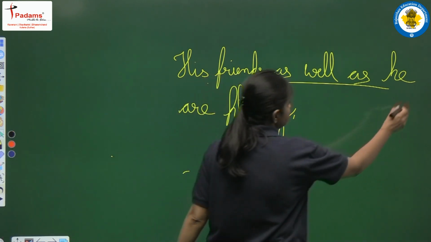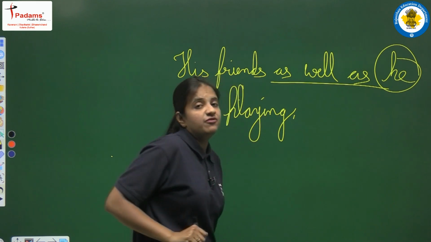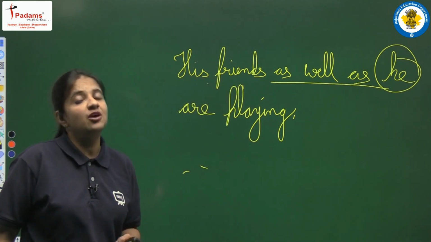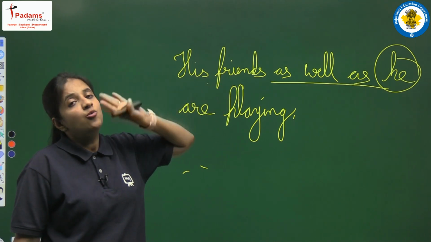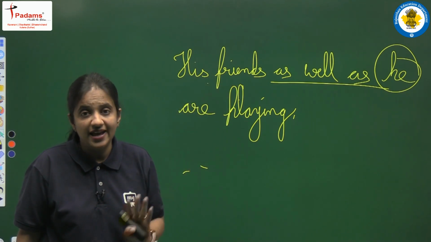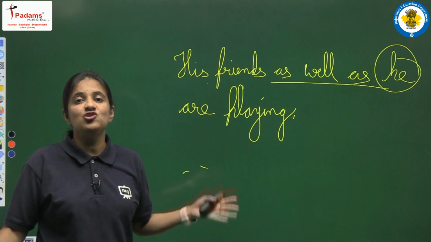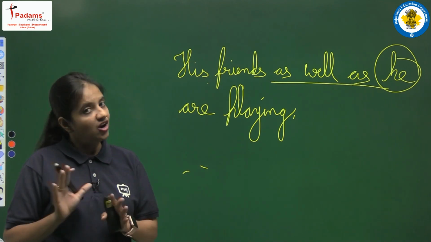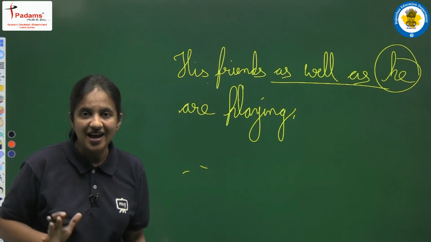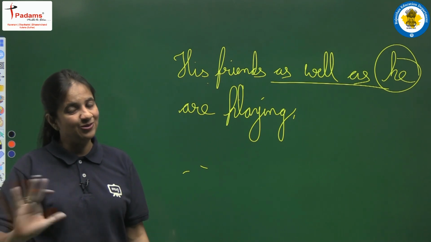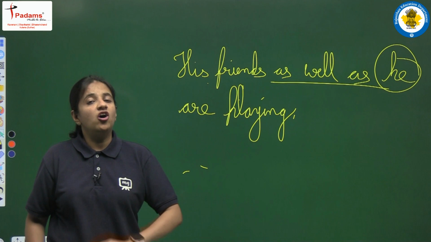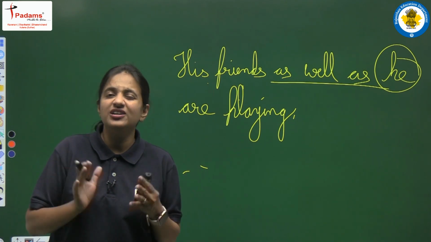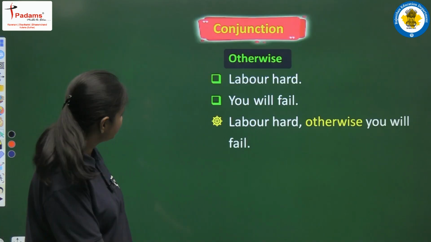The second subject does not matter for the helping verb, because it will be according to the first subject when we use as well as to join the subjects. I hope this point is very clear now. No confusion should be there, students. Learn all the rules very carefully. All the rules should be very clear in your mind.